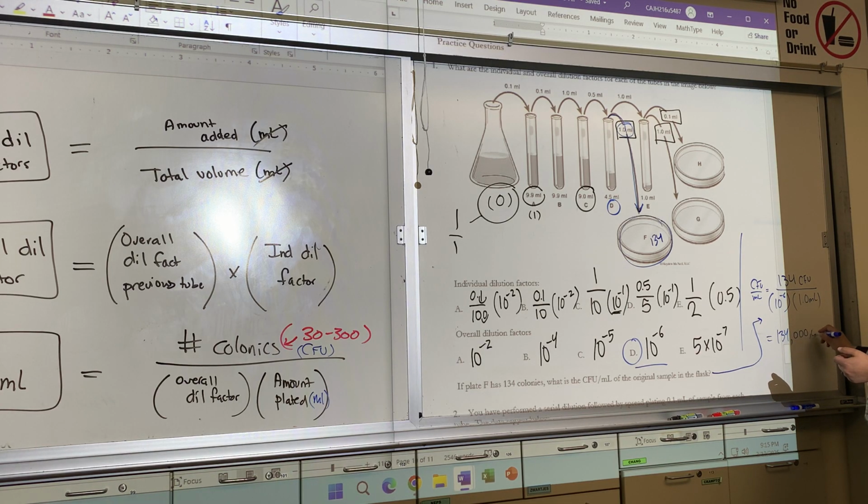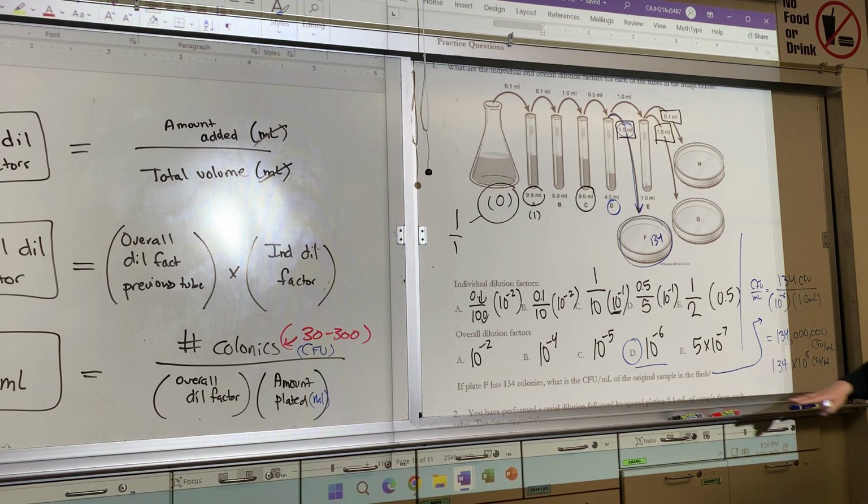134 million CFUs per mil, or you can write that in scientific notation as 1.34 times 10 to the 8 CFUs per mil. Okay?